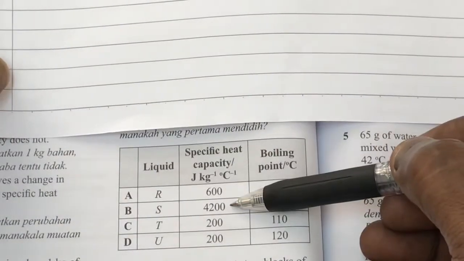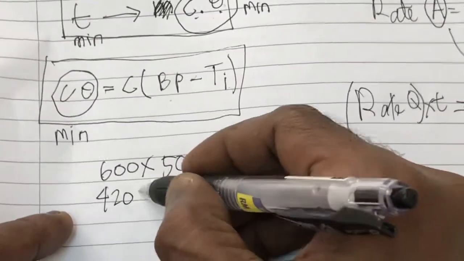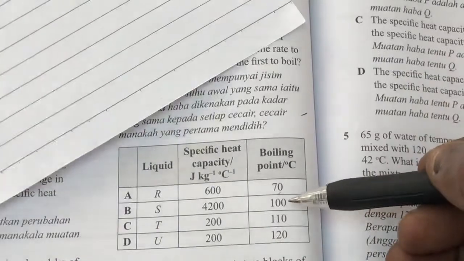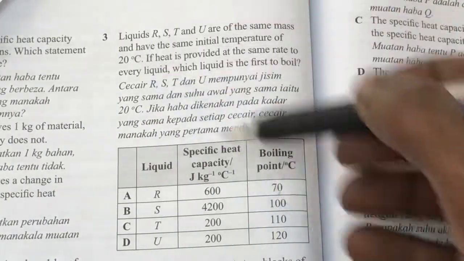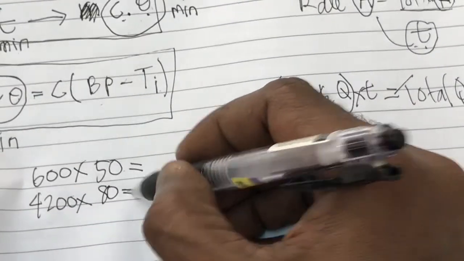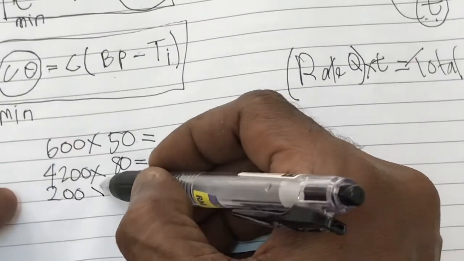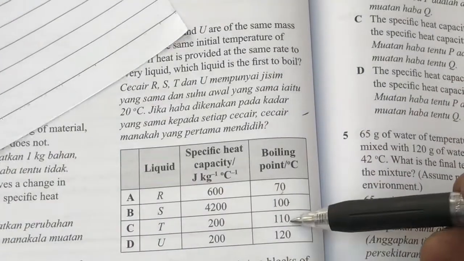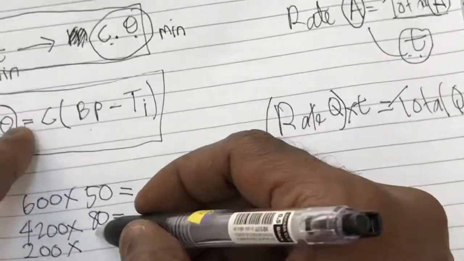The next one is 4,200 times the difference in temperature, boiling point minus initial temperature, 100 minus 20, that would be 80. The third one is 200 times, again, the change in temperature, 110 minus 20, that is 90.